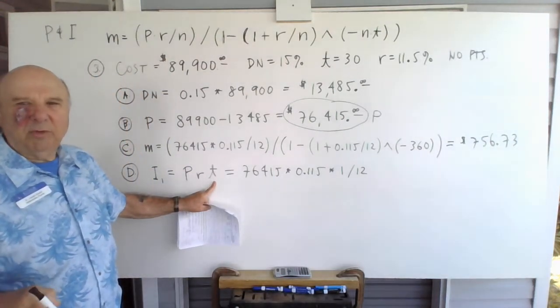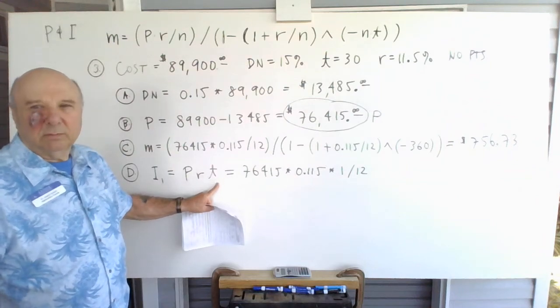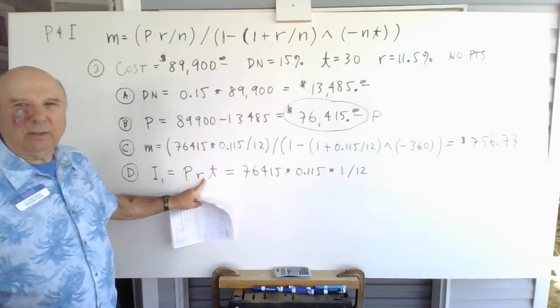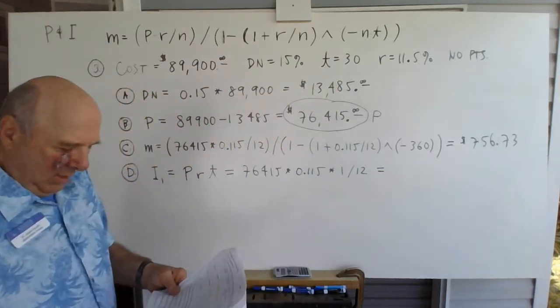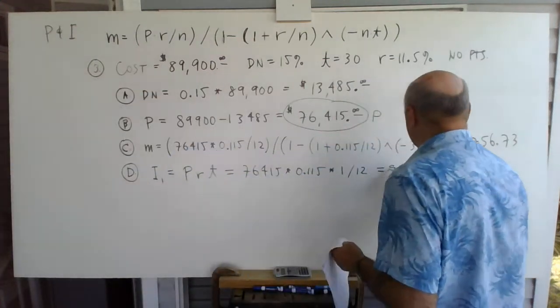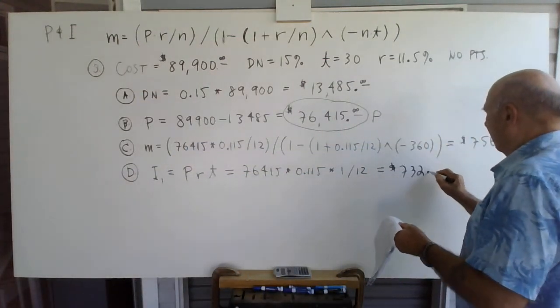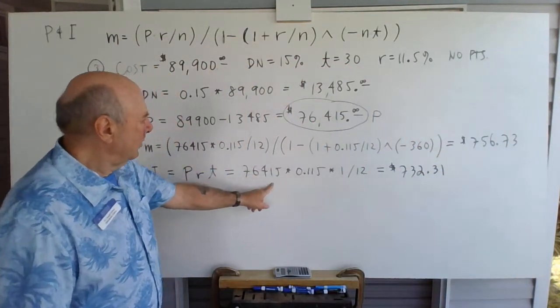So if I'm only getting interest for 1 month, then T is 1/12. I'm only going to use 1/12 of the rate. And when you do this, this gives you the interest for the first month. And the interest for the first month is $732.31.